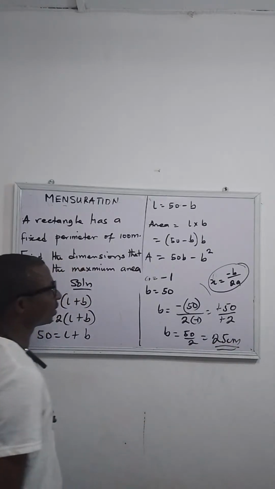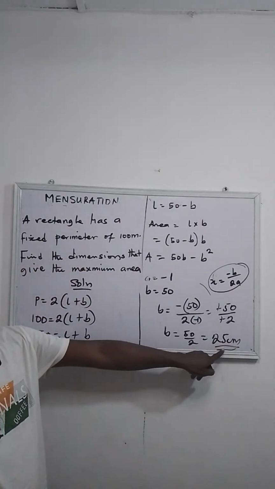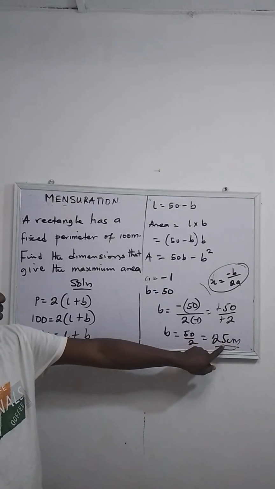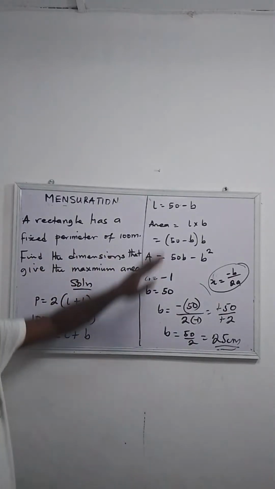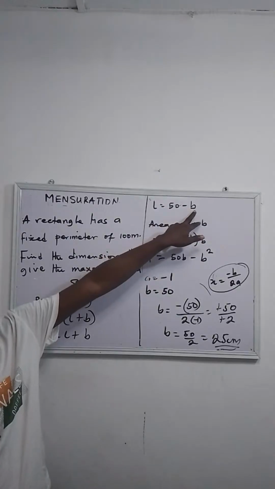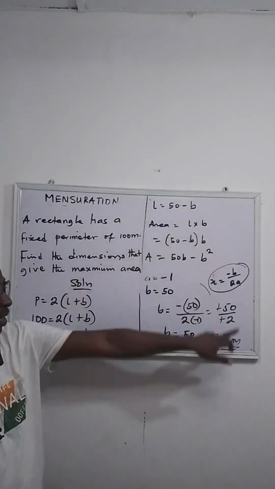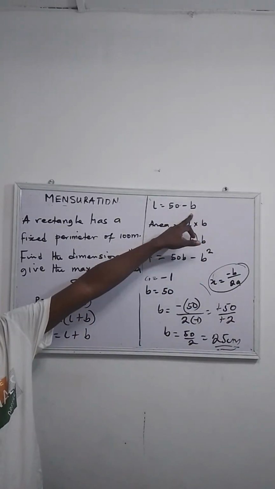So that means the breadth is going to be 25 centimeters. If the breadth is 25 centimeters, the length is also going to be 25 centimeters. Don't forget, length is 50 minus breadth, and that's 25 centimeters.